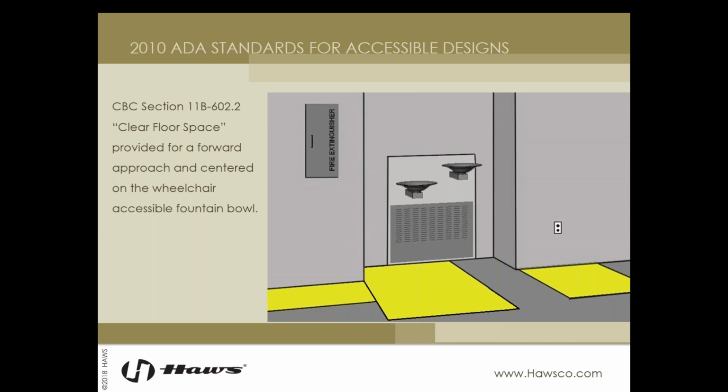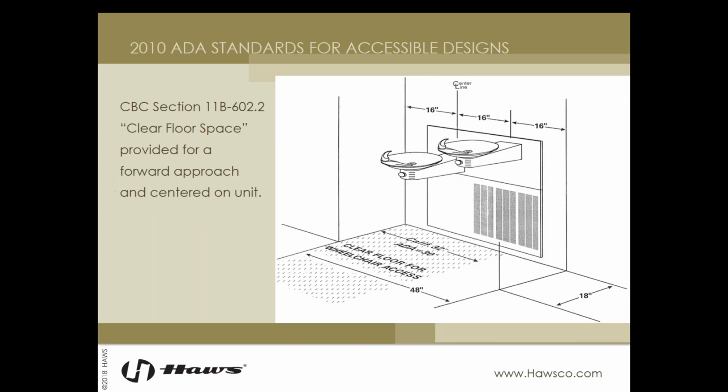Some make the mistake of centering the floor space on the center of the fountain between the drinking fountains, which would lead to a tear out, and it may not provide enough space for someone to approach. So remember that box or space needs to be centered on that low side fountain. We do have a generally accepted floor space for standing, stooping persons for the high side, but I'll go over that a little bit later.